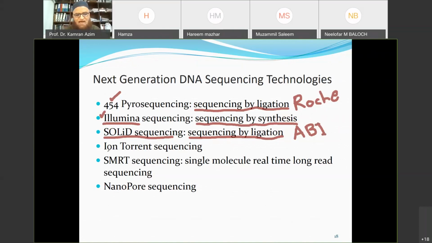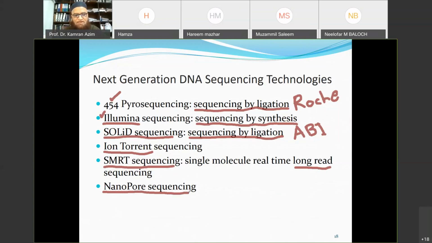Another approach is called Ion Torrent sequencing, which is different from those mentioned above. Another type is called SMRT sequencing, which gives us longer reads compared to Illumina sequencing. And very recently, nanopore sequencing has also been introduced.